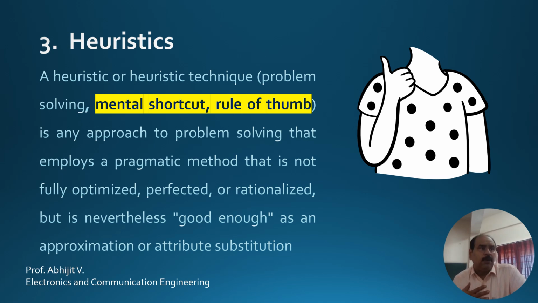How your intuition works, how you think it works, that way you apply it. You call it the heuristic approach of problem solving. It depends upon mental shortcuts and things like rule of thumb.